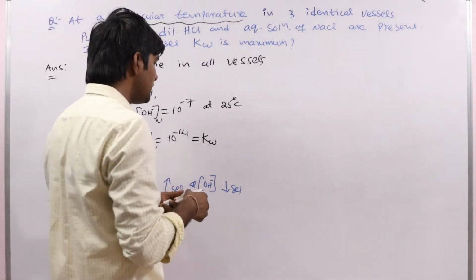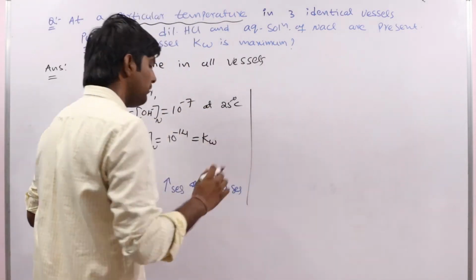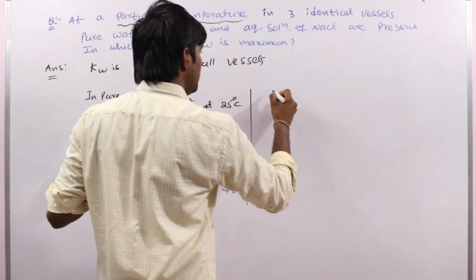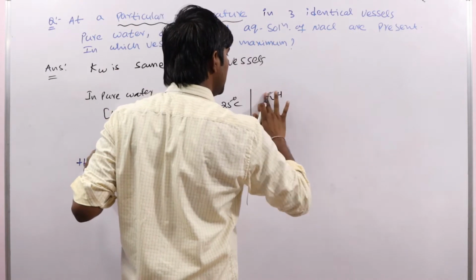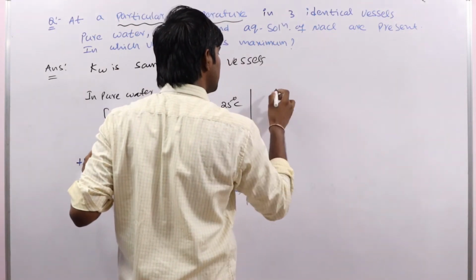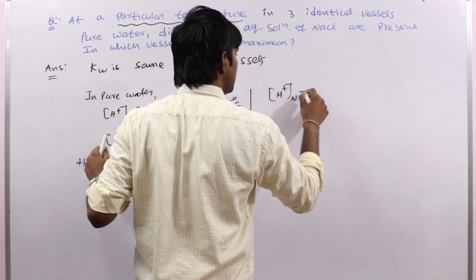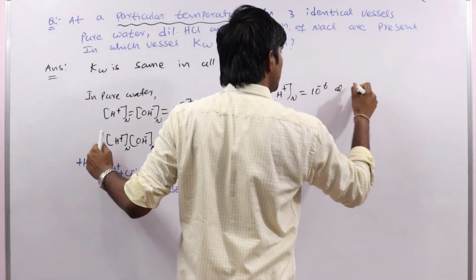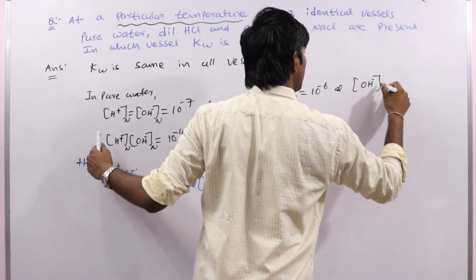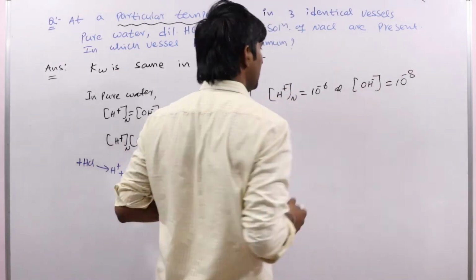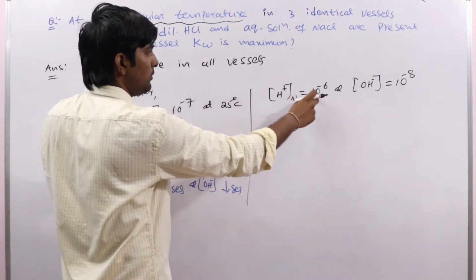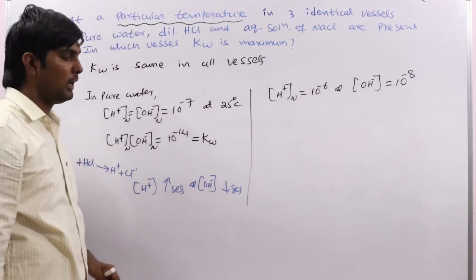Let us see, suppose when we add HCl to pure water, H plus ion concentration became 10 power minus 6, and OH minus ion concentration became 10 power minus 8. See, it is 10 power minus 7 in pure water, increased to 10 power minus 6 when you add acid.